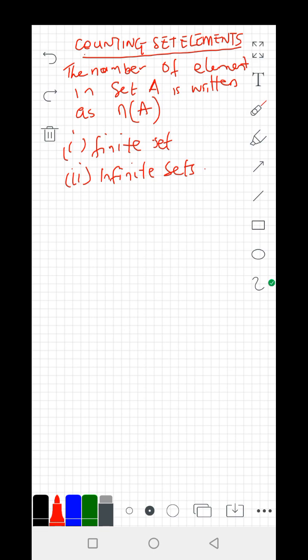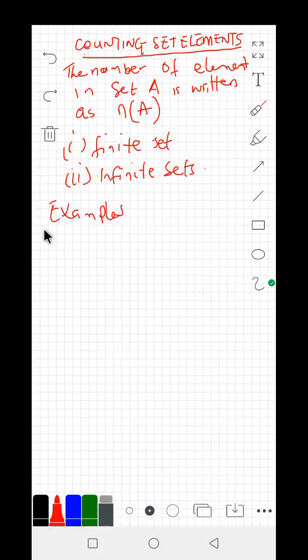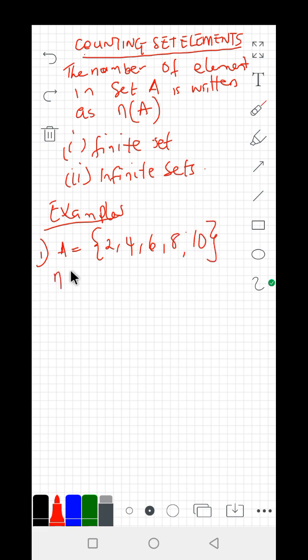Okay, let's take the first example. Given a set A equals {2, 4, 6, 8, 10}. So what's the number of elements in set A? We can count it to be 1, 2, 3, 4, 5.